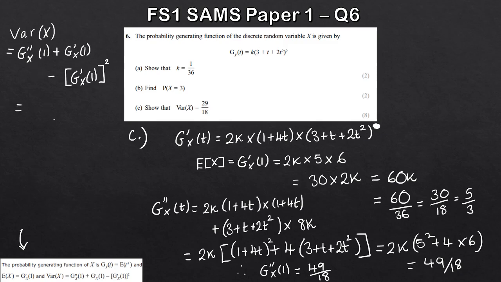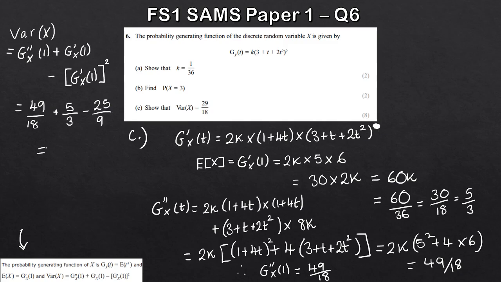Okay, so writing all this out in full, just so we've got it, that's going to be 49 over 18 minus 5 over 3. Oops, sorry, that should be plus 5 over 3. And then minus 25 over 9. So let me just quickly do this to make sure.